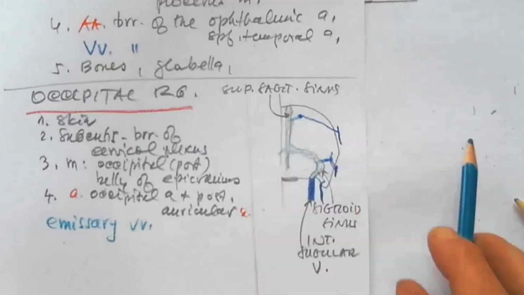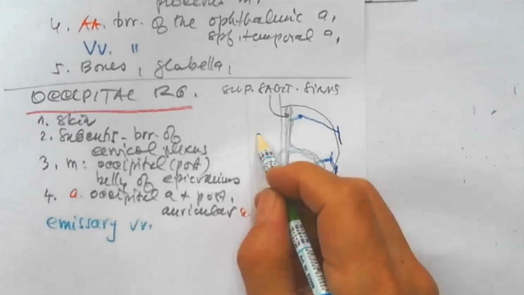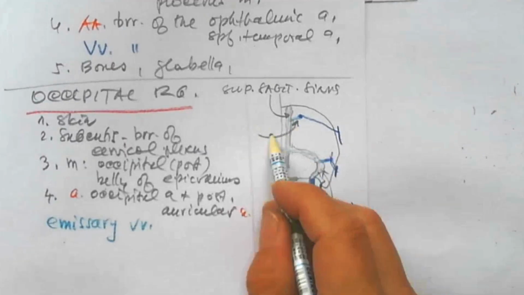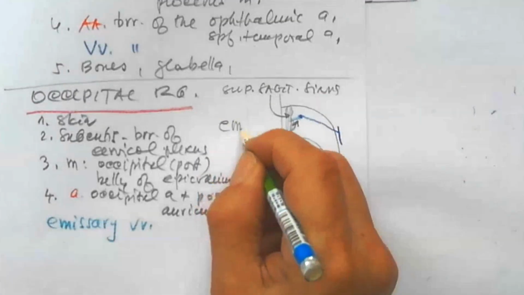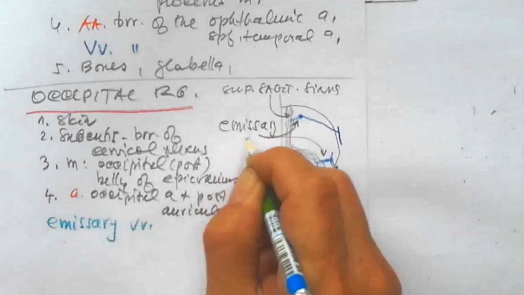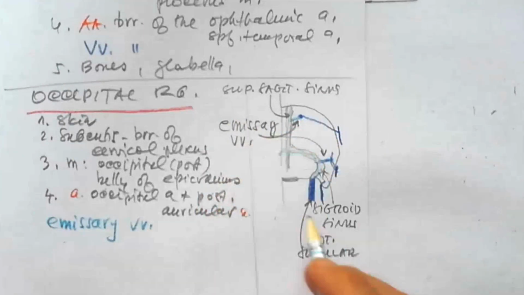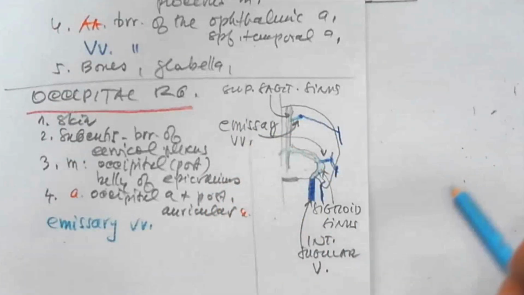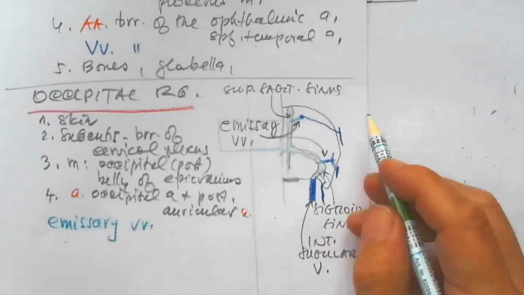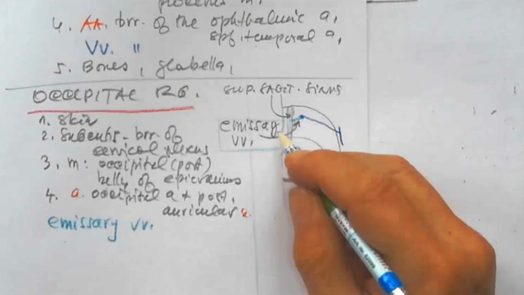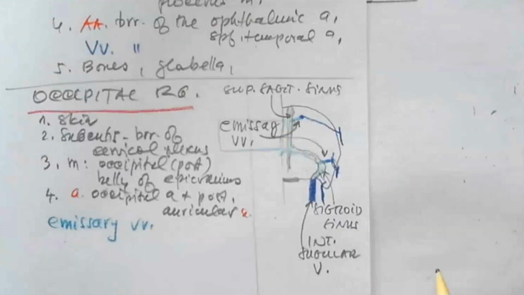This is emissary, this is emissary. So you can just add 2 arrows saying that these are emissary veins. And we said that emissary veins represent important routes for spread of infection. These are superficial veins. These are emissary. So I'm sure that this is absolutely sufficient for us.